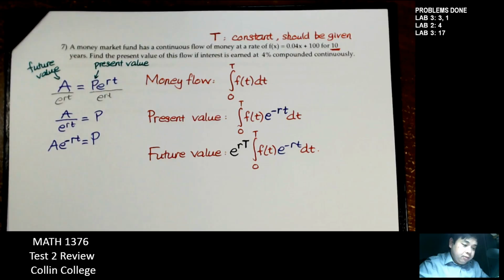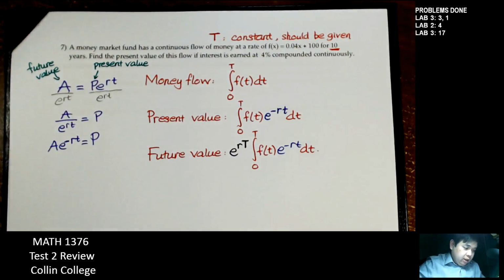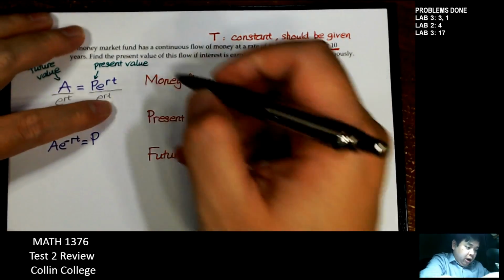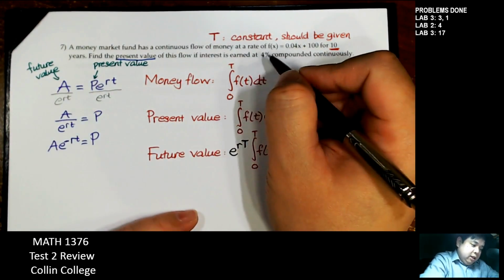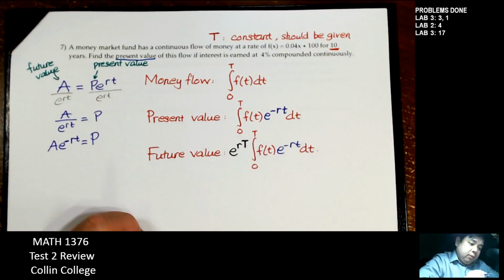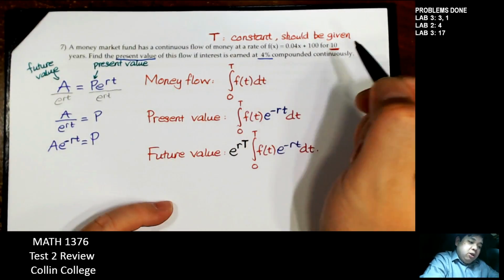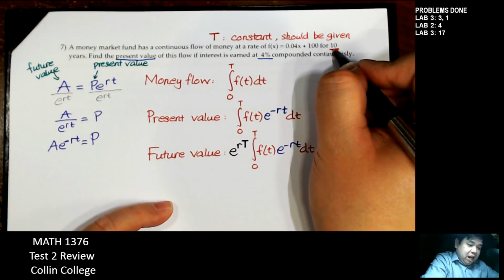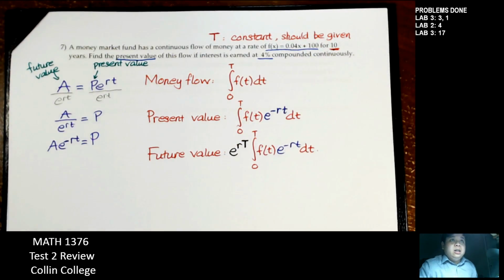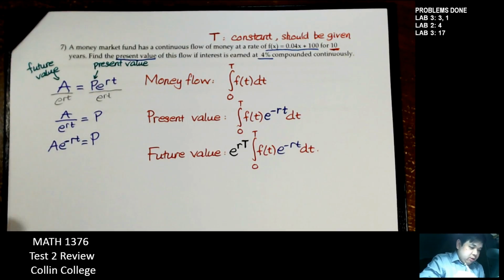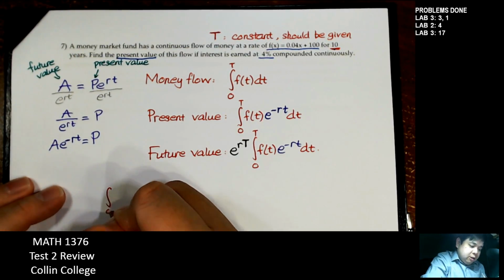What we want in this problem is the present value. So it's going to be this 4%, so that is the rate, 10 years, that is the capital T, and the function of the money flow will be that. So we have present value. We'll start with the formula.